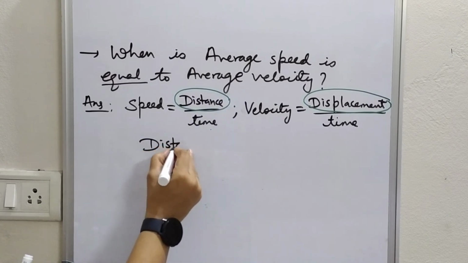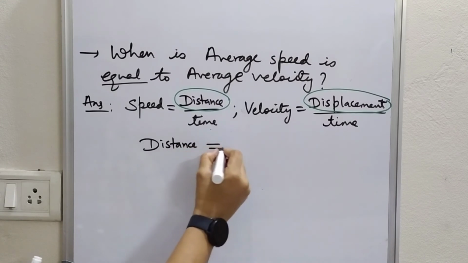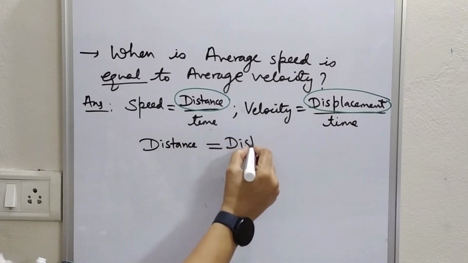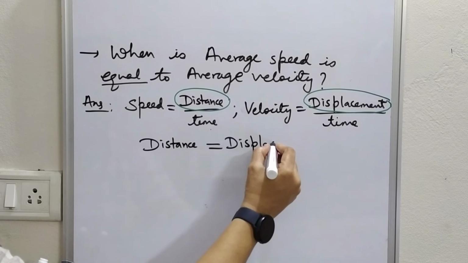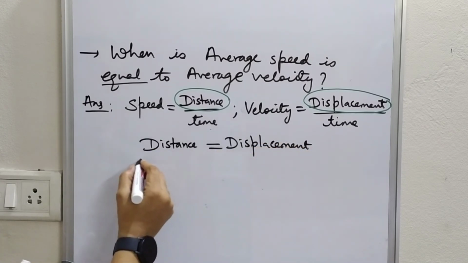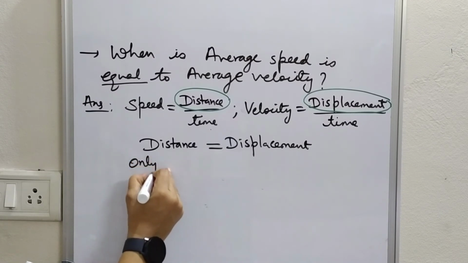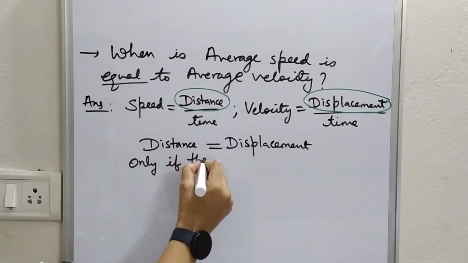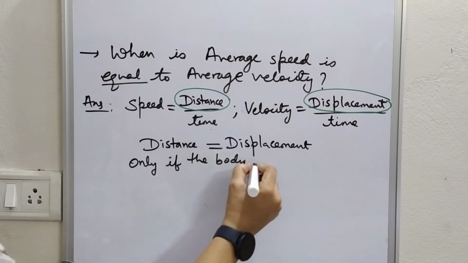Distance travelled by a body will be equal to displacement only in one condition. Distance is equal to displacement only if the body travels in a straight line.